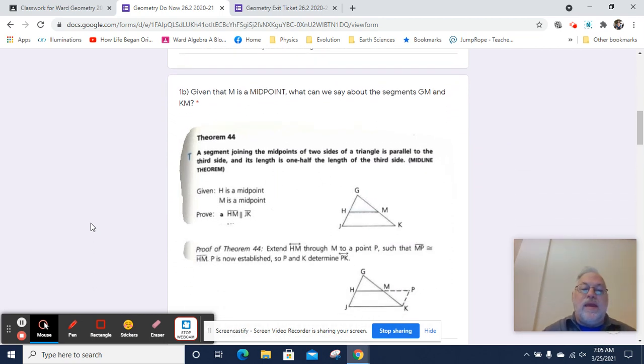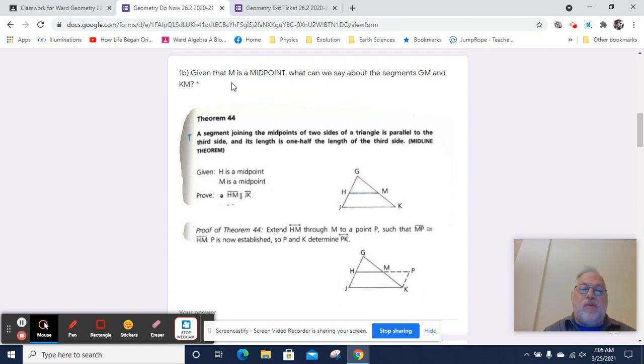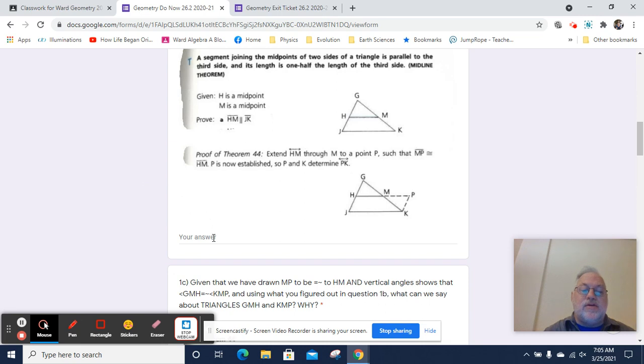Now, given that M is a midpoint, here's a second piece, and we're gathering information here. Each of these things builds on the last thing. M is a midpoint. What can we say about the segments GM and KM? Well, if M is a midpoint, those segments are congruent. So GM is congruent to KM by definition of a midpoint.